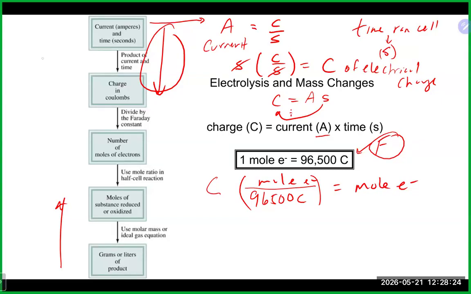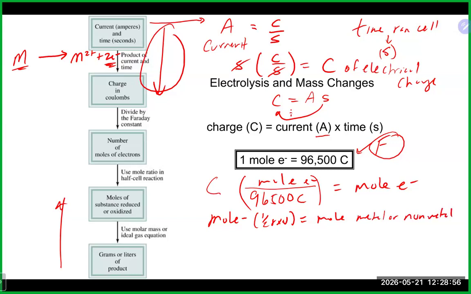In your half reactions, you will have, for example, something like this, where we have electrons going to, say, the metal. You can use stoichiometry to figure out how many moles of electrons there are in the half reaction to moles of what you're looking for, maybe the metal or the non-metal.